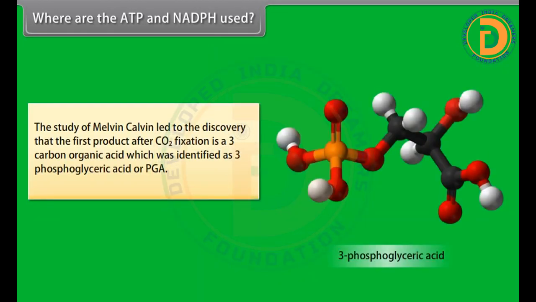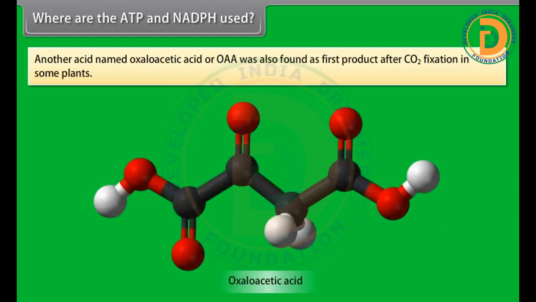The study of Melvin Calvin led to the discovery that the first product after carbon dioxide fixation is a 3-carbon organic acid, which was identified as 3-phosphoglyceric acid or PGA. Another acid named oxaloacetic acid or OAA was also found as the first product after carbon dioxide fixation in some plants.